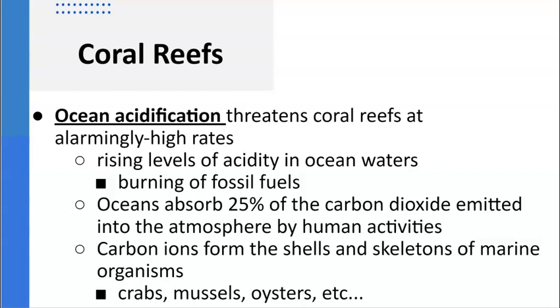So we create carbon dioxide when we burn fossil fuels, and the ocean absorbs 25% of the carbon dioxide emitted into the atmosphere by human activities. Carbonate ions form the shells and skeletons of marine organisms. So shells are going to be made out of carbonate, but when they are in a slightly more acidic environment, which happens with ocean acidification, those shells are going to break down.